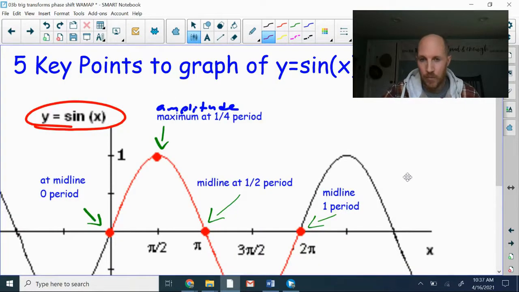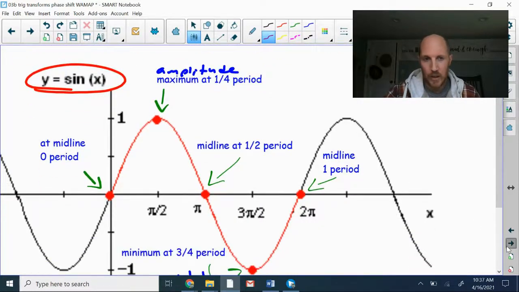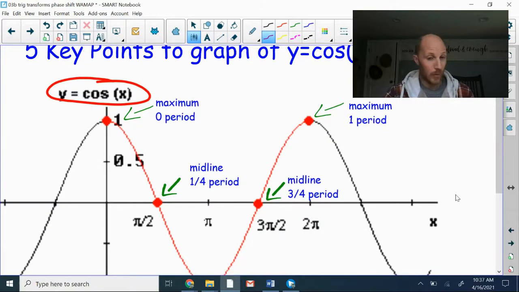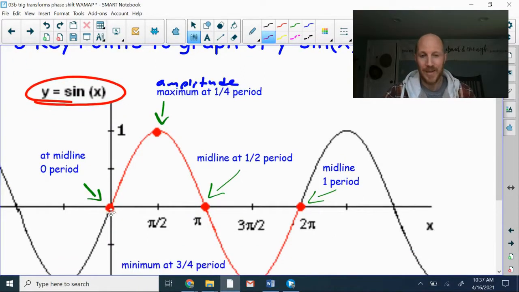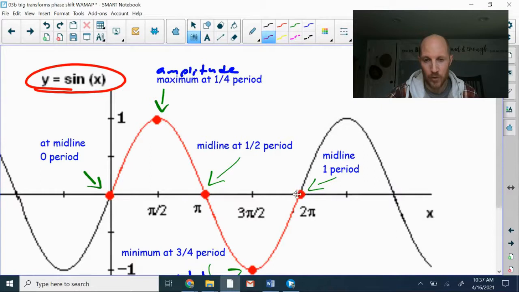Okay, so we have these 5 key points for the graph of sine. Look at the 5 key points of the graph of cosine. We have seen those before. I explained those in the previous video, so if you want, go back and watch that again. The important thing to remember: sine begins, our description begins, from the midline, going up to the maximum first, and then down to the minimum before it returns at one full period at the midline.